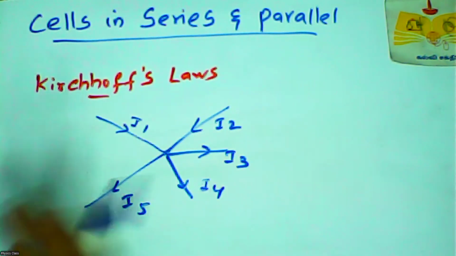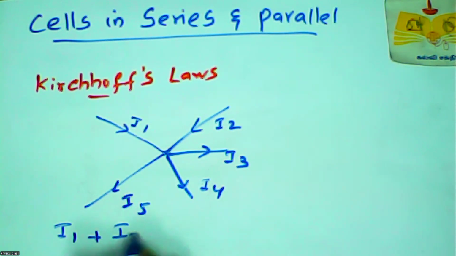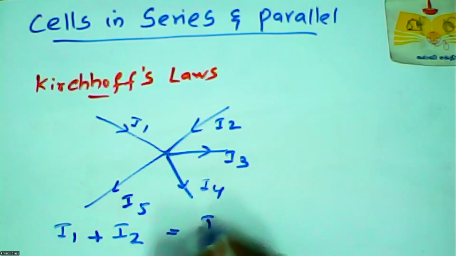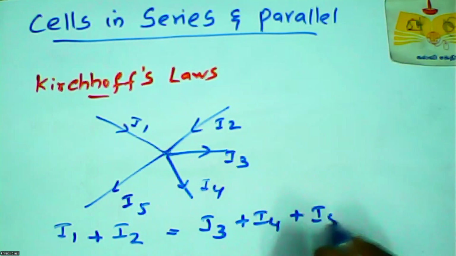So according to this Kirchhoff first rule or current rule, the sum of the current entering must be equal to the sum of the current leaving. So I3, I4, I5.